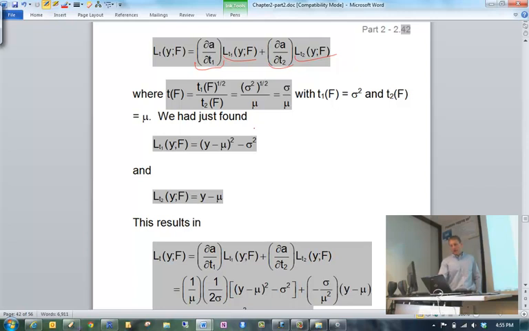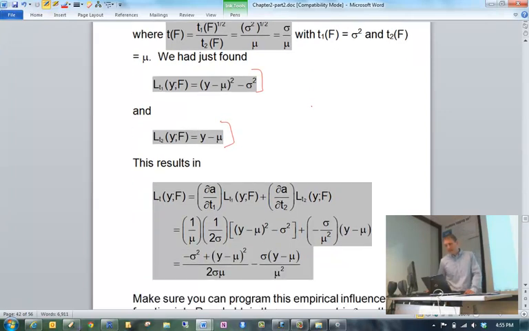Now we had just derived the influence functions for both sigma squared and also for mu. So all we need are basically these derivatives. That's one reason why I changed my notes from what was actually on the web the first week of class, because this would be a little bit easier.